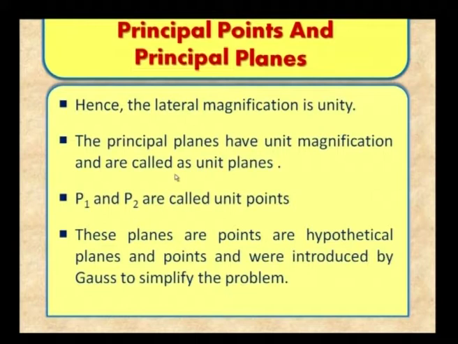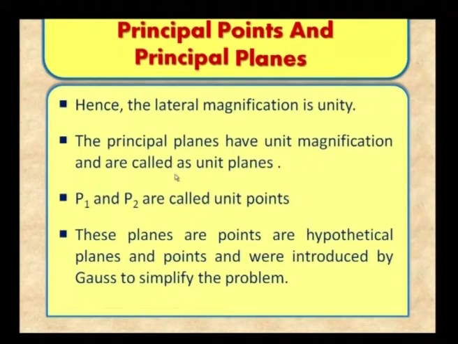Hence, the lateral magnification is unity. The principal planes have unit magnification and are called unit planes, and P1 and P2 can be called the unit points, because the magnification is unity.